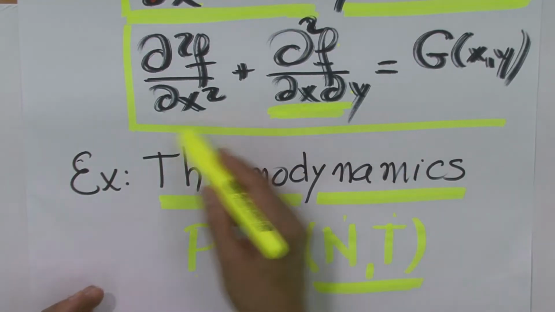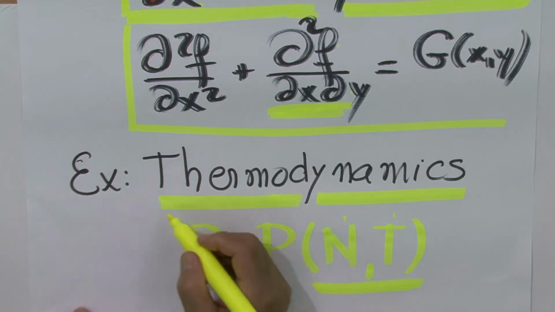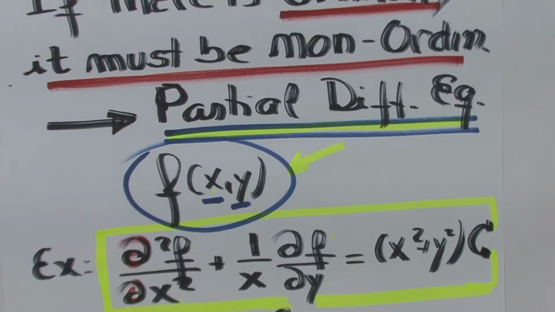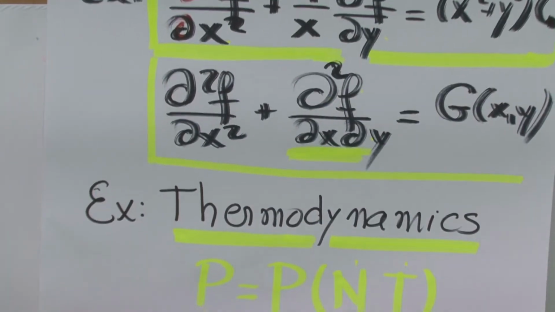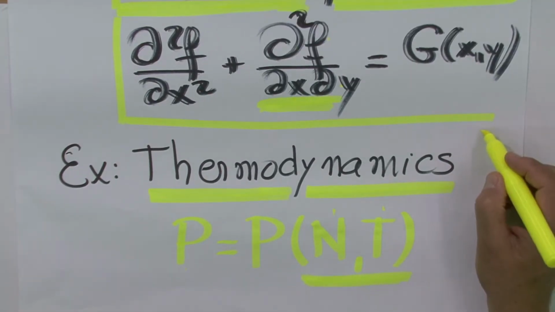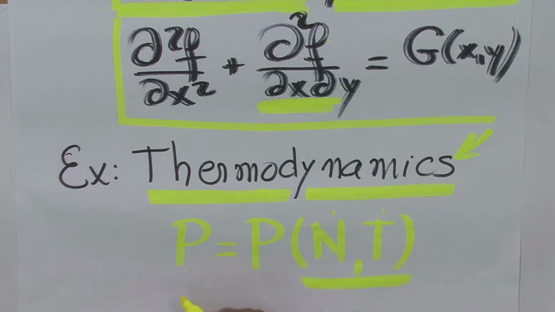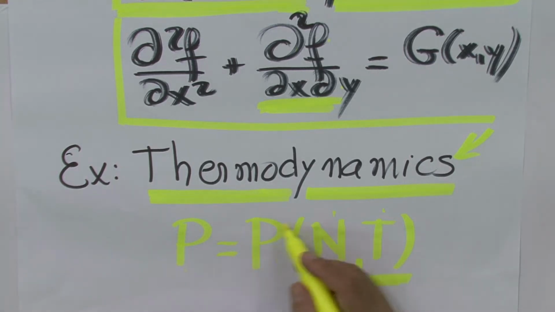And thermodynamics is built up based on partial differential equations. Almost never are we going to get ordinary differential equations in thermodynamics, because we know that almost all the thermodynamic variables or functions normally depend on two independent variables.